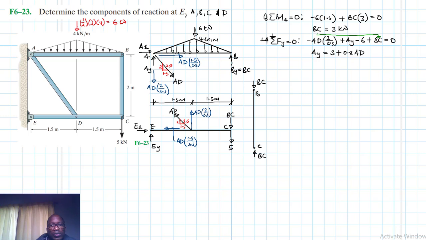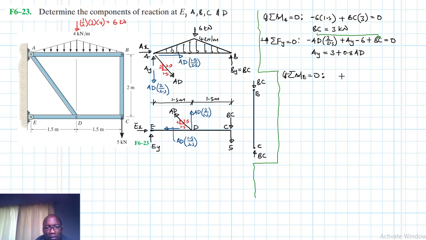So let's go to member EDC, so that we apply the equations of equilibrium. Like so. So say summation of moments about point E equal to 0 and clockwise being our reference.